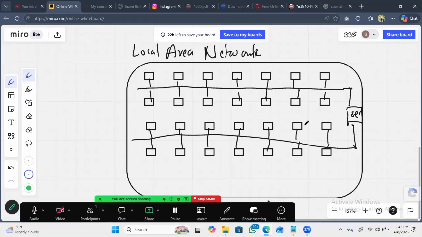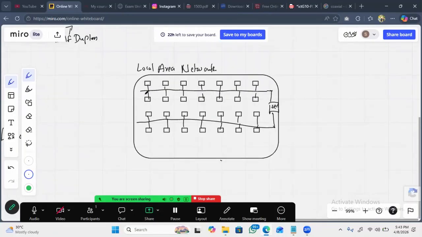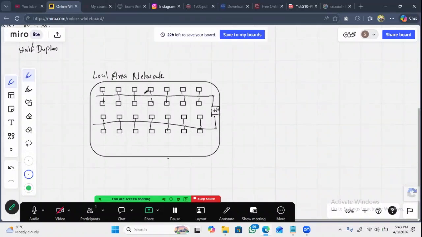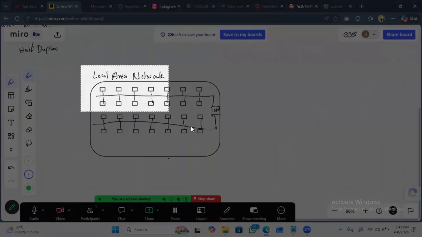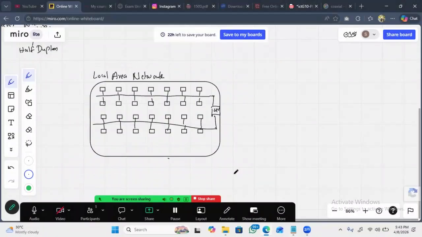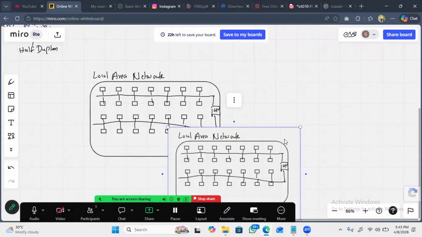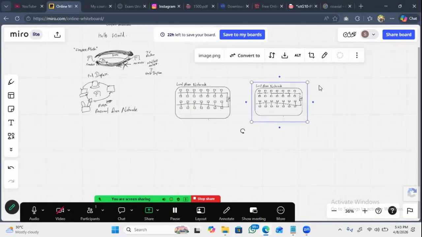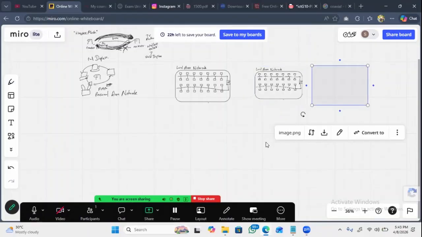Right, kids? If it is like that, now assume you have multiple offices, multiple branches. So what you are going to do, you are connecting all those. Now it's becoming a city. It's growing.